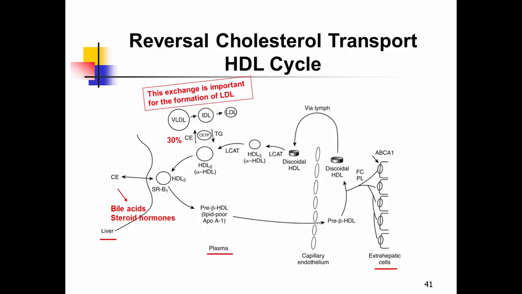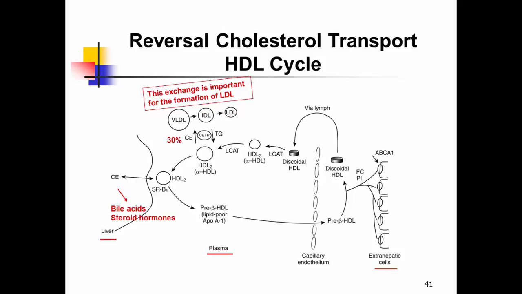It is the transporter that controls the movement of free cholesterol from peripheral cells to the beta HDL. And once the small alpha HDL is formed, it is released into the plasma. So this whole process occurs in the plasma.